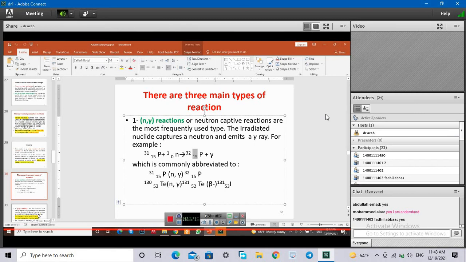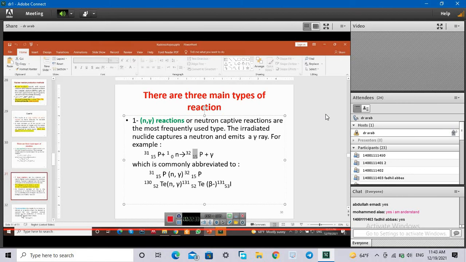That is very important, because for medicine we can only use artificial radioactive nuclides that have high chemical purity.